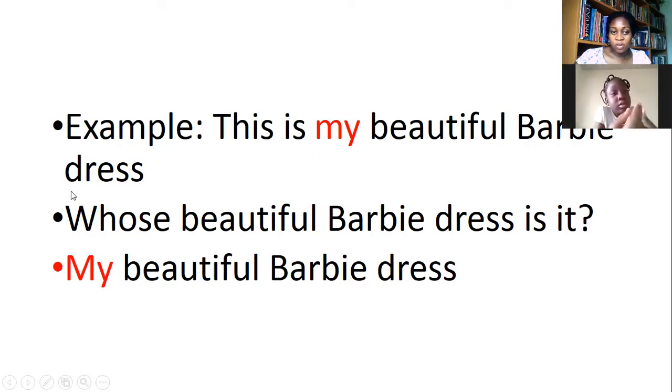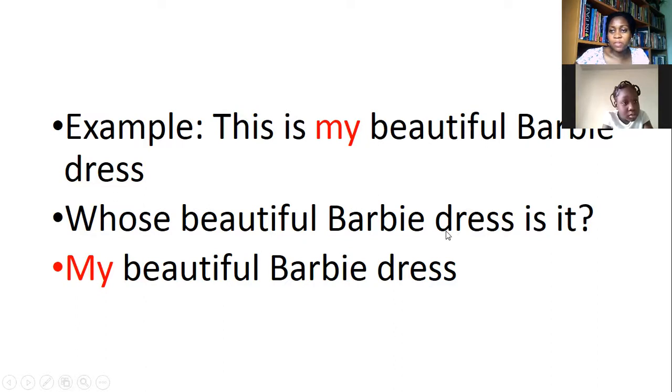So it's answering the question whose, one of the W's in questions. So whose beautiful Barbie dress is it? It is my beautiful Barbie dress. So it means it belongs to who? Me. Okay?